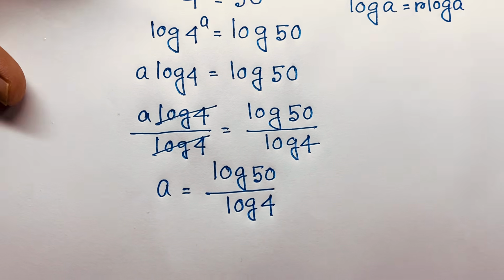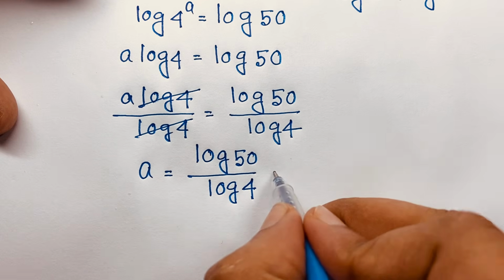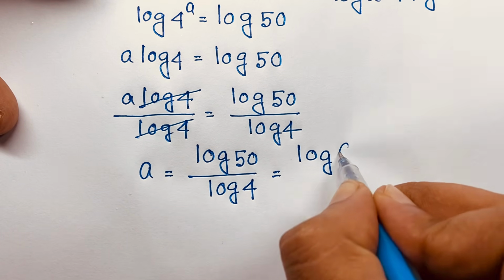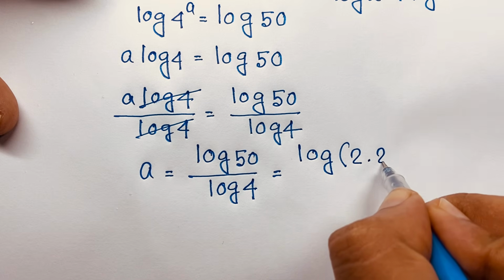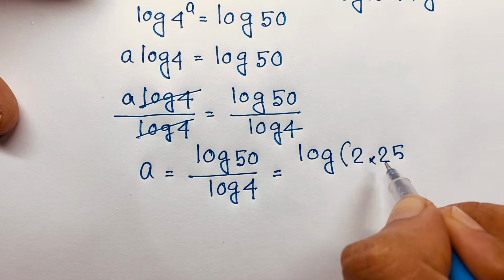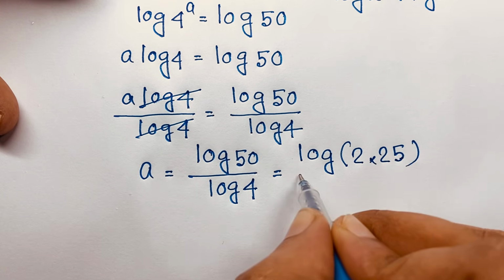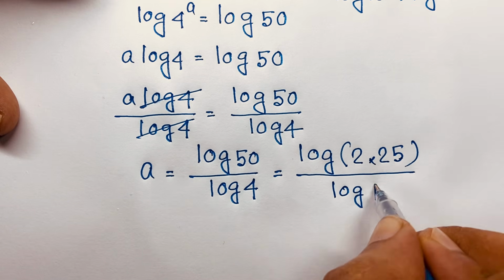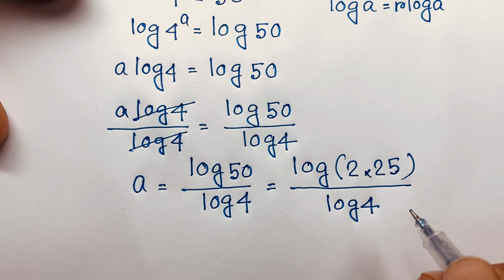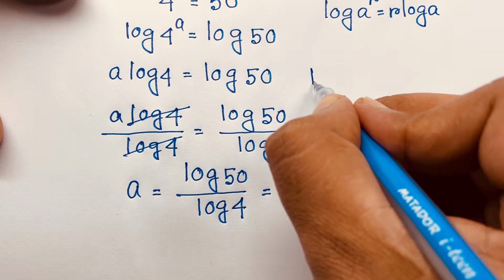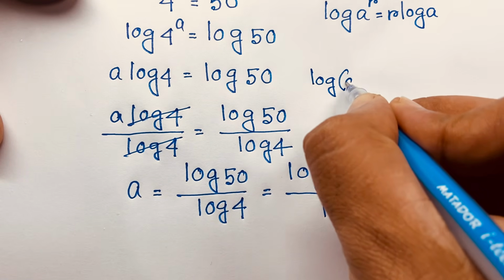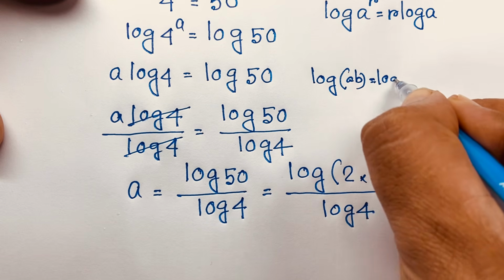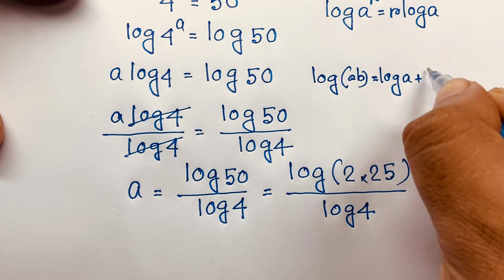But if I simplify this expression, you can say this is log 50. This log 50 will be log of 2 times 25, because 2 times 25 is 50, over log 4. Then at this moment we know that log of a b is log a plus log b.